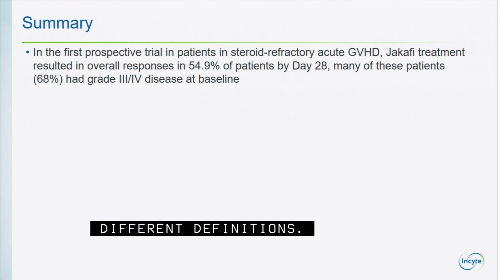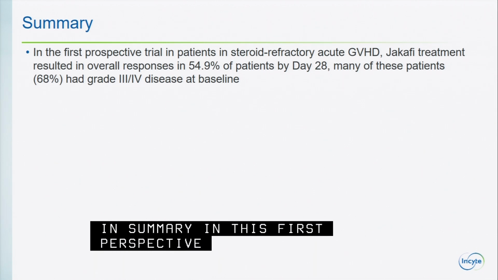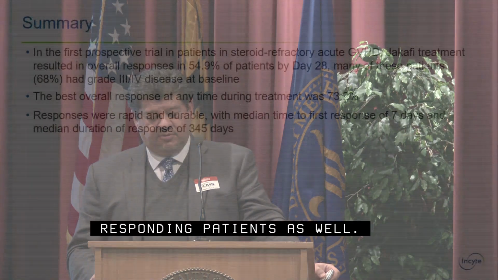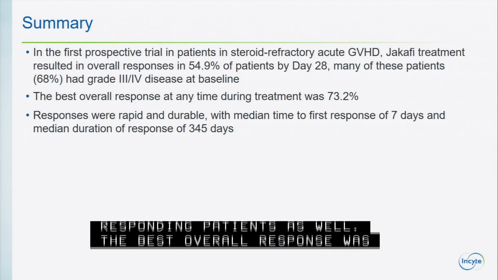So in summary, in this first prospective trial of acute GVHD, Jakafi treatment was able to show responses of 54.9% at day 28, and many of those responses were in patients with grade 3 and 4 disease as well. The best overall response was 73.2%. Responses were rapid and durable with a median time of 7 days.